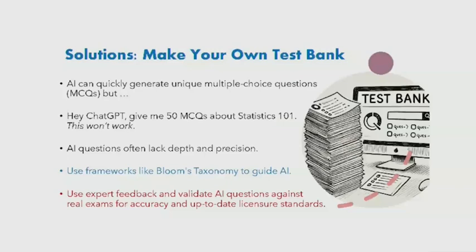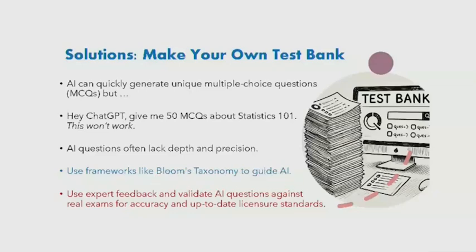You need to ground your prompt in some well-known existing testing theories like Bloom's taxonomy. So instead of simply asking, hey, give me 50 questions, you use a certain framework like Bloom's taxonomy.